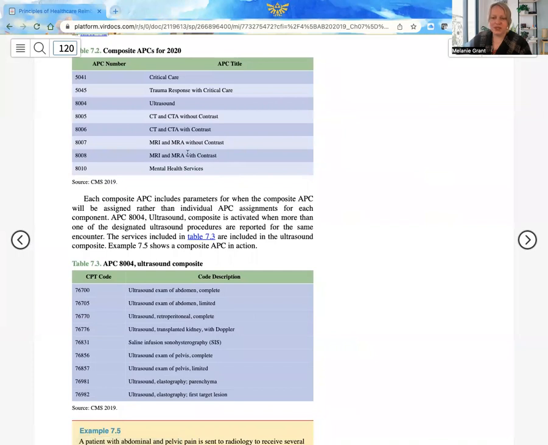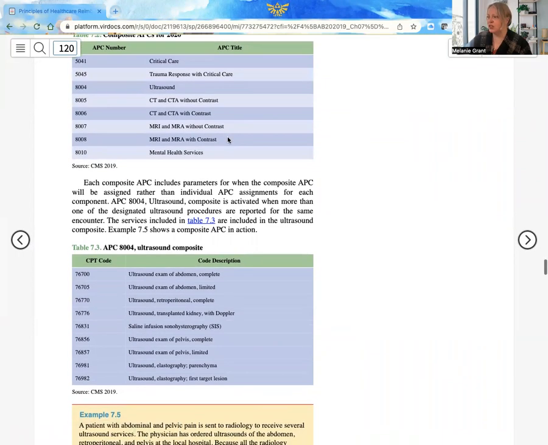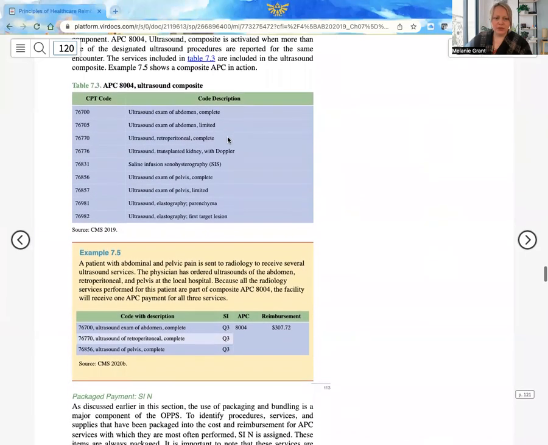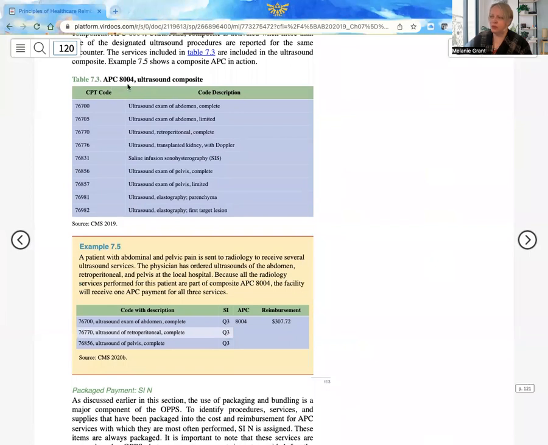There may be multiple CPT codes that fall under these services, but the reimbursement is generally around the same. Table 7.3 gives us an example of what category 8004, which is going to be your APC for ultrasounds, will look like. Each of these ultrasounds has their own CPT code based off of where it's located and how detailed it goes.